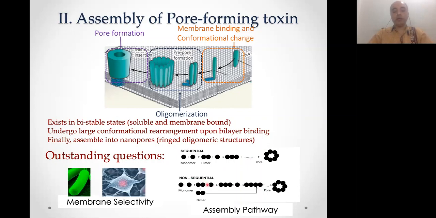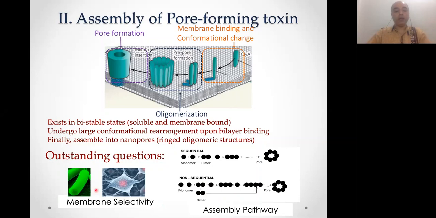If you do non-sequential assembly, where two of these molecules can combine with another two, make four, and so on, growing in a non-sequential fashion, then they will make these pores very, very quickly, but they will also get trapped in a local intermediate where I have created an 11-mer, but I have run out of monomers to complete it into a 12-mer anymore.